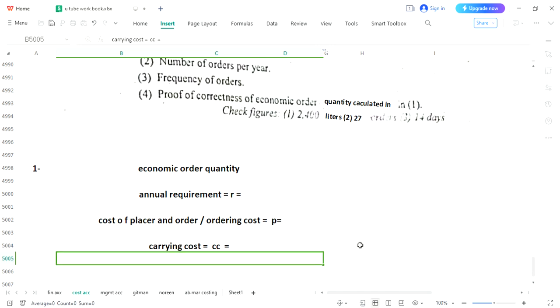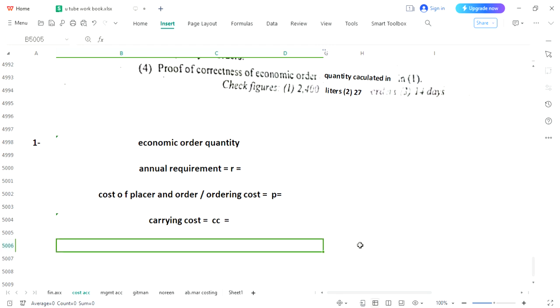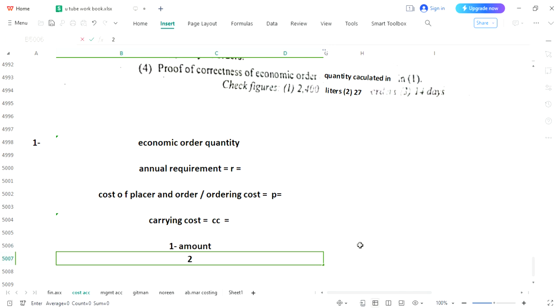Here you must be familiar with several other factors related to carrying cost as well. Carrying cost can be given as an amount. At that stage, you don't have to calculate anything, just pick the amount and that would be carrying cost. Secondly, it may be given in terms of percentage. So you will take the unit cost given in your question and multiply it by that percent.